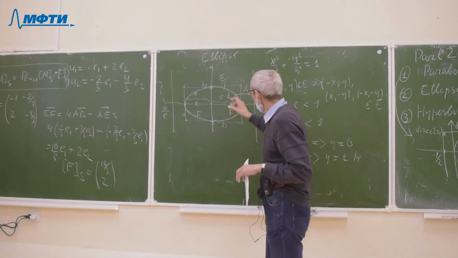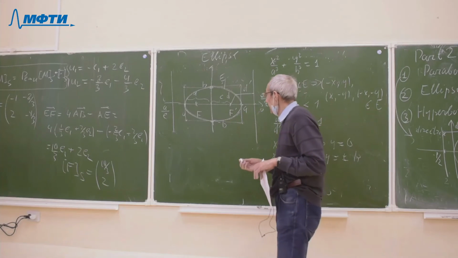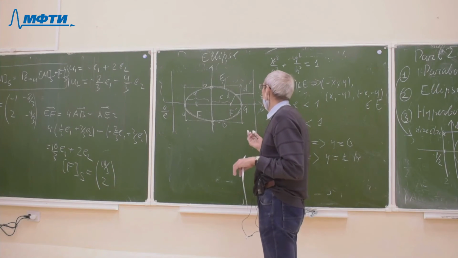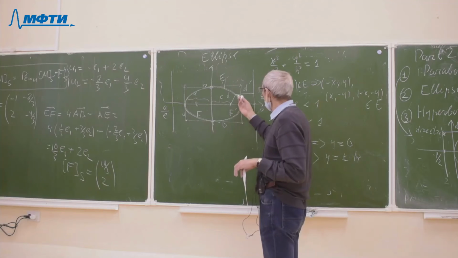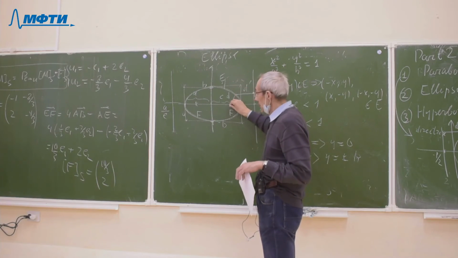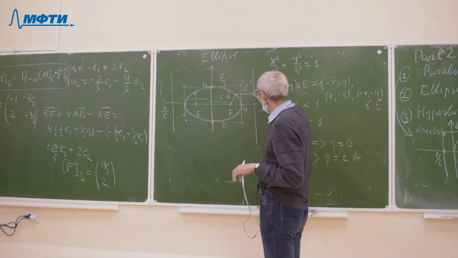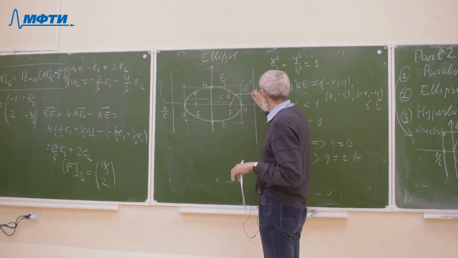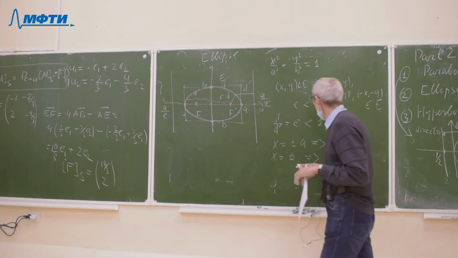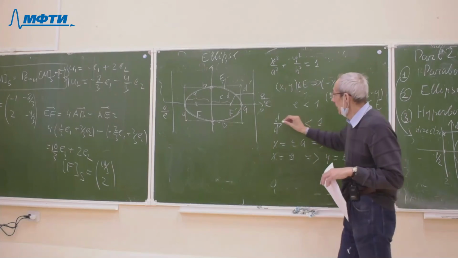We have the definition of the ellipse as a locus, the initial definition. The ellipse is the locus of a moving point for which the ratio of the distance between this point and a fixed point F, which is called the focus, to the distance between this point and a fixed straight line is constant, equal to E, and E is less than 1.